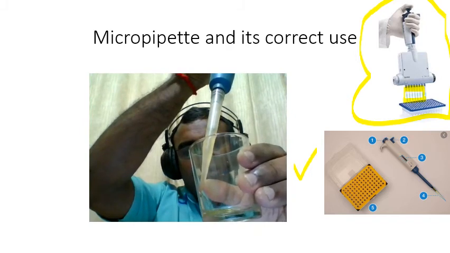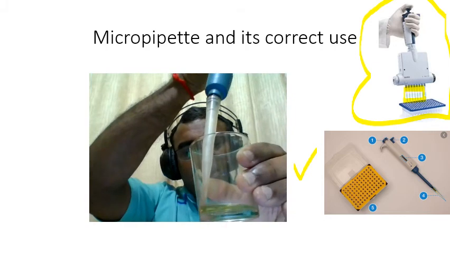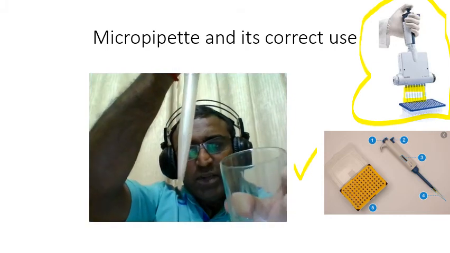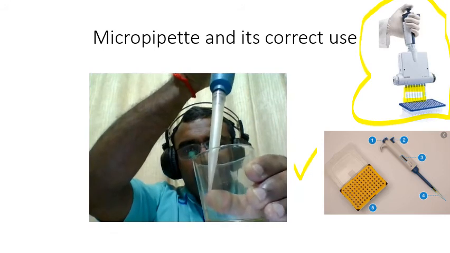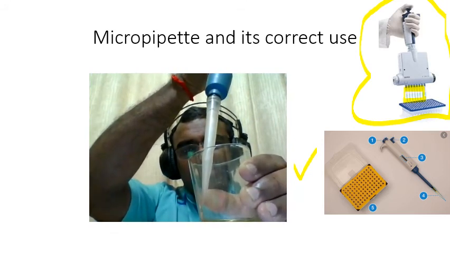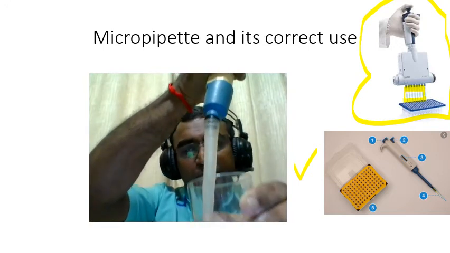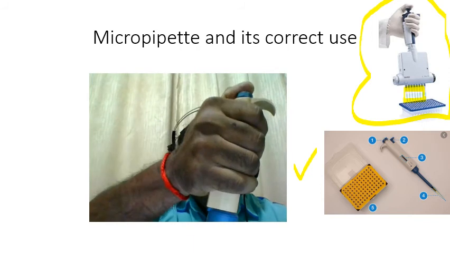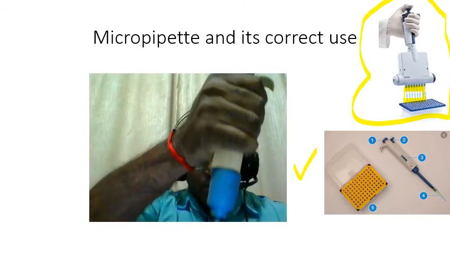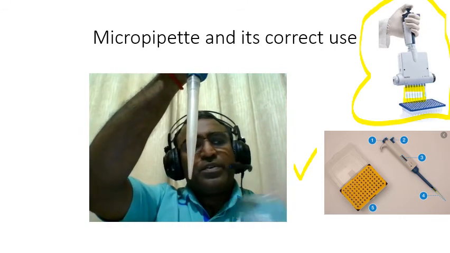Press all the way until that first resistance, and don't stop there because you can see there is a little bit left. In order to release the little bit of volume of solution, press one more time at the top. Press one more time beyond the first resistance, and you will see it come out.